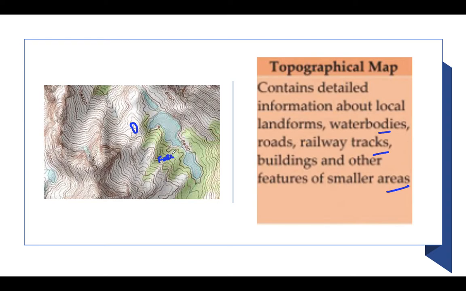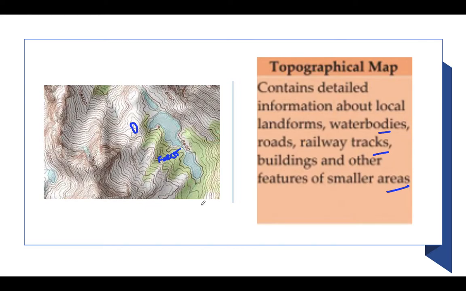Take the example of Bhiwandi. If we see Bhiwandi in a topographical map, we get more details about its physical features. Before Bhiwandi there is a river, which you can see in the topographical map.